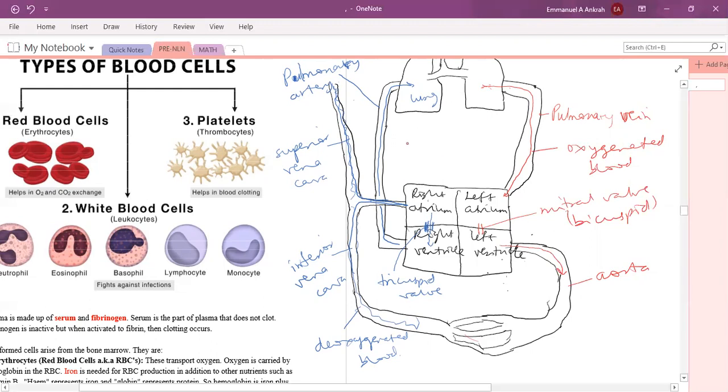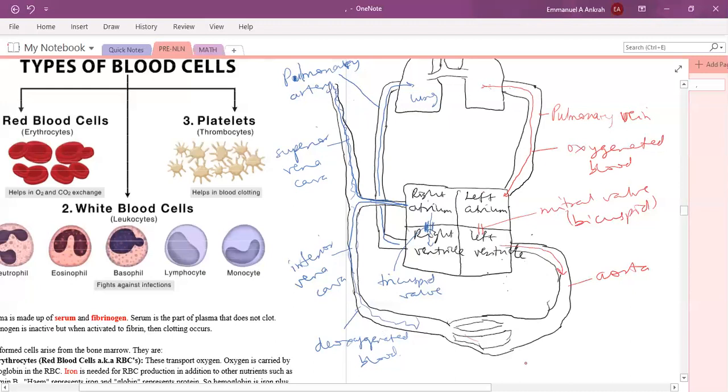One, all arteries carry oxygenated blood except the pulmonary artery. The pulmonary artery is carrying deoxygenated blood, so it's an exception. Likewise, all veins carry deoxygenated blood except the pulmonary vein. So the pulmonary vein here is carrying oxygenated blood. So it's an exception to what veins do, and an exception to what arteries do.